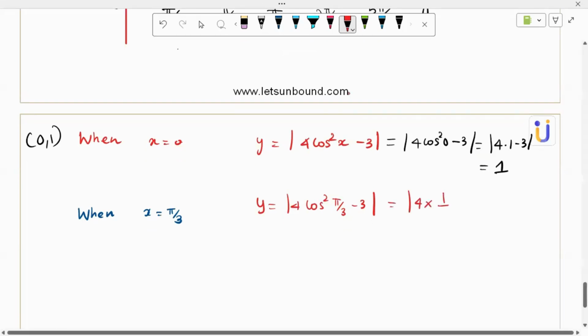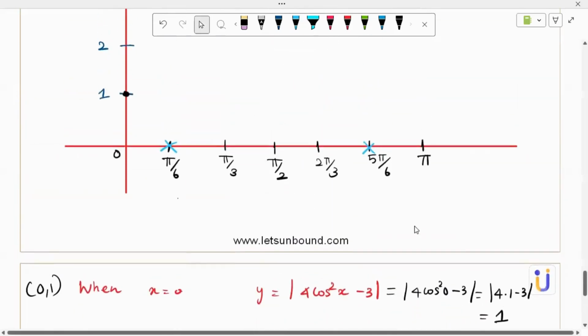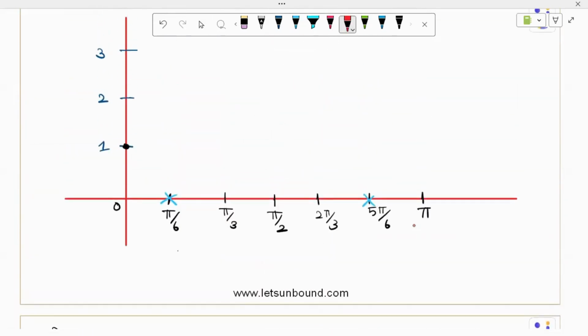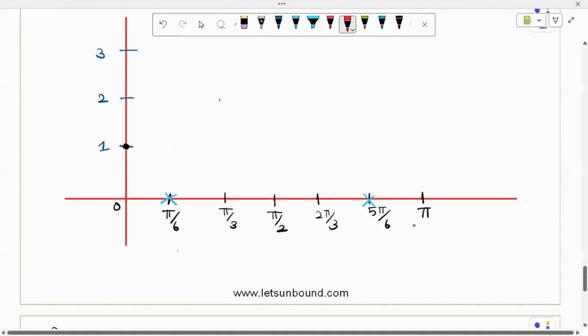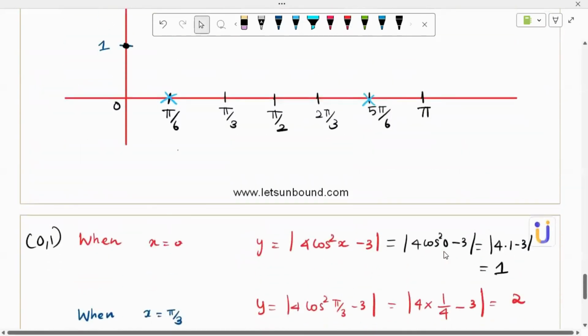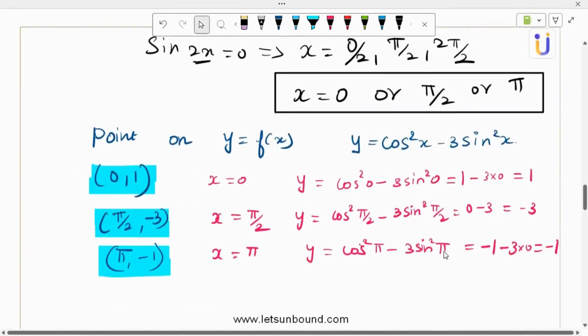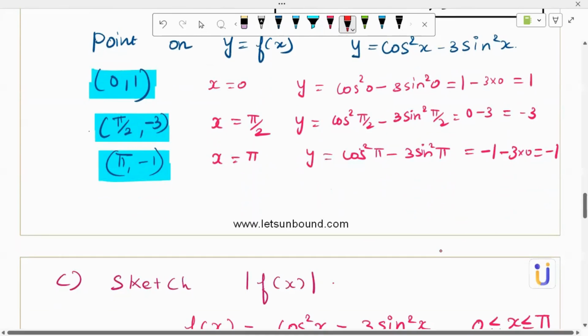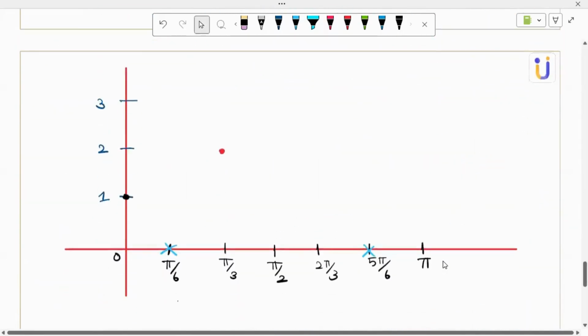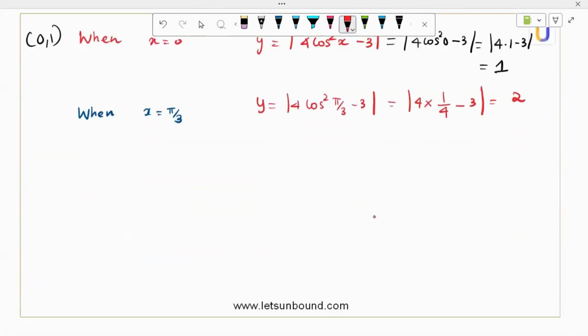So 4 into 1 by 4 minus 3, which is 1 minus 3, which is 2. So when it is pi by 3, it is 2. Then at pi by 2, it is maximum. When it is pi by 2, actually it's -3, but we are reflecting it, right?